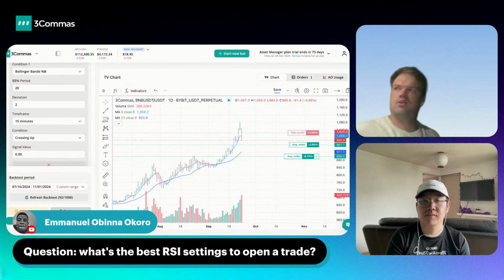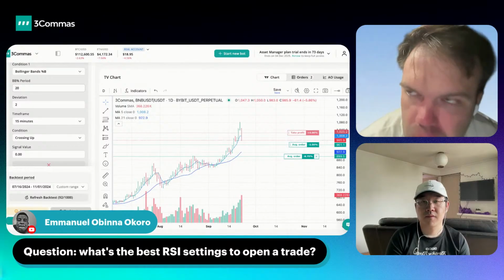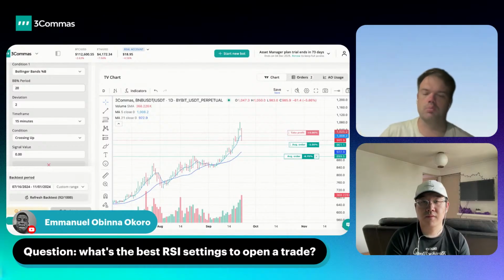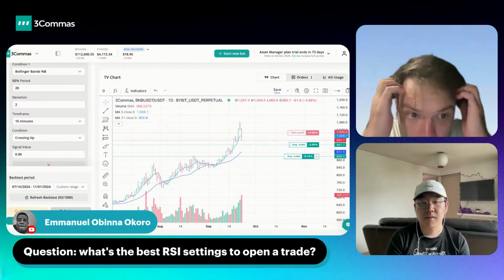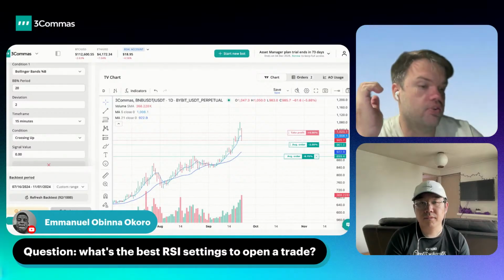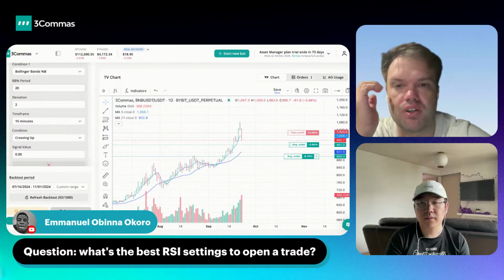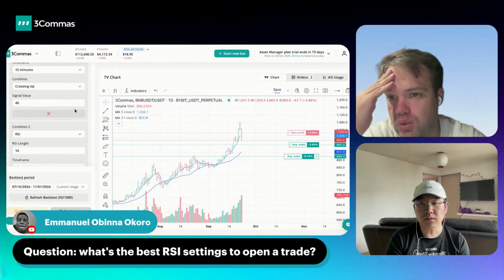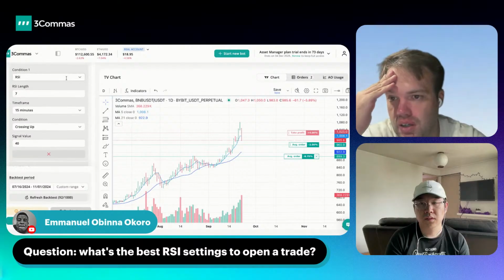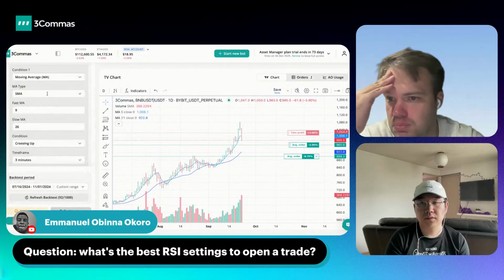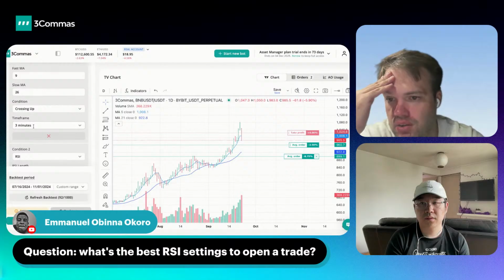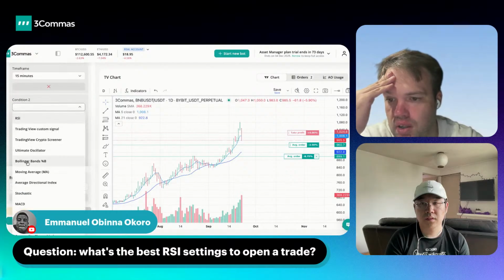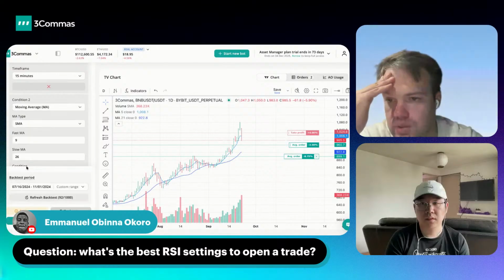RSI is supposed to show you the points where the price is overbought or oversold. Me personally, I prefer trading as simple as possible, and what I usually do for my own strategy, I'm doing just moving average. So I'm either going with 15 minutes or with 1 hour because I usually trade 1 hour.